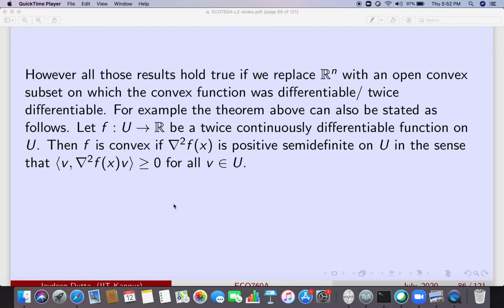It becomes a little technically complicated, as you may not be able to use a real function phi. I did it from Rn to R because I was using the single variable characterization to get the multivariable characterization, to impress upon the fact which I shared yesterday, that convexity is possibly a unidimensional concept.